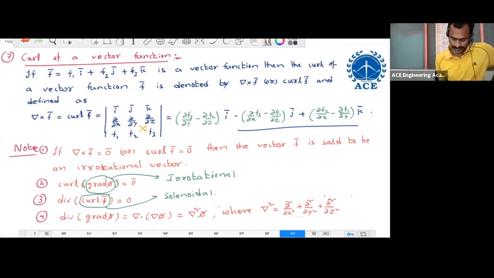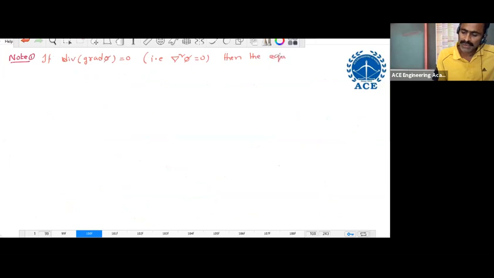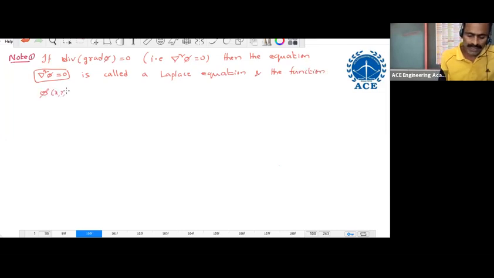Next, note point number 5. If div of grad phi equal to 0, that is del square phi equal to 0, then the equation del square phi equal to 0 is called a Laplace equation, and the function phi of x, y, z is called a harmonic function.